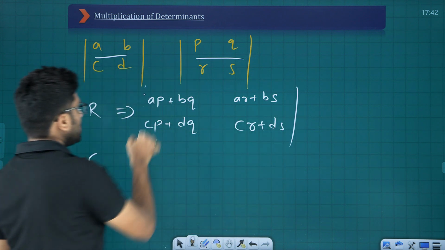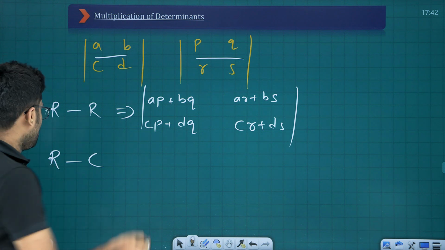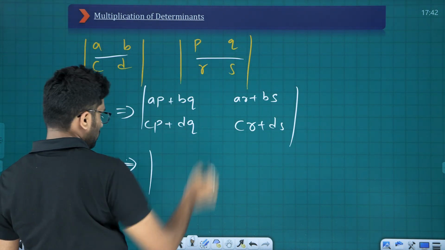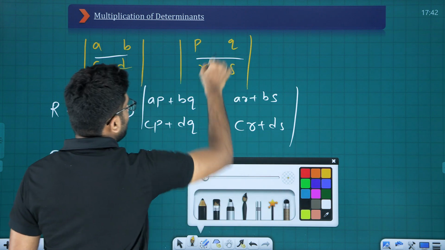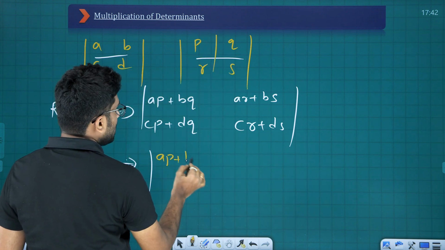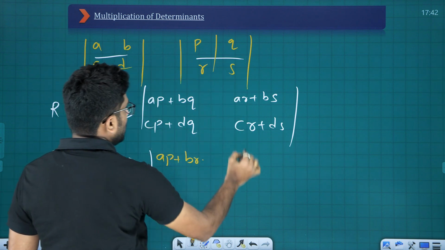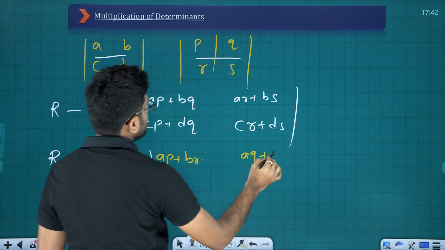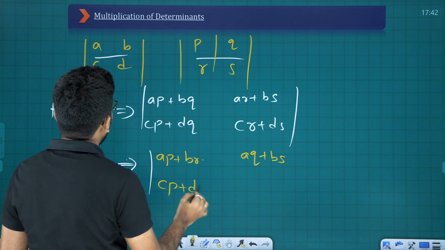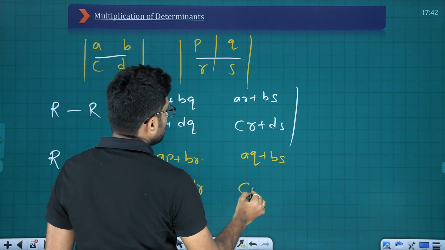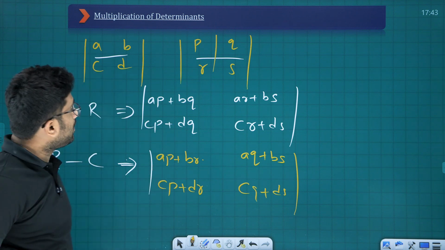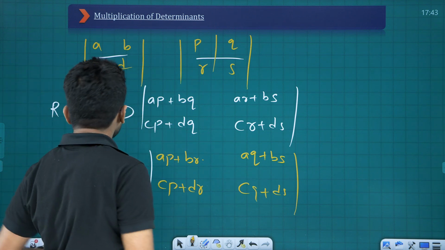So this is how we expand the determinant. If you go with row by column, the general way of multiplication: AP plus BR, AQ plus BS, CP plus DR, CQ plus DS. So either you can use this or this to multiply 2 determinants.